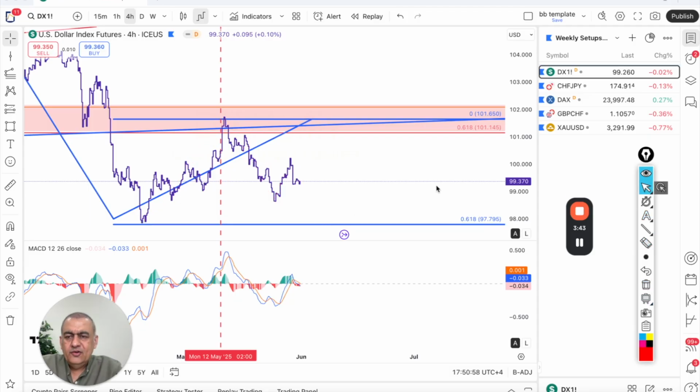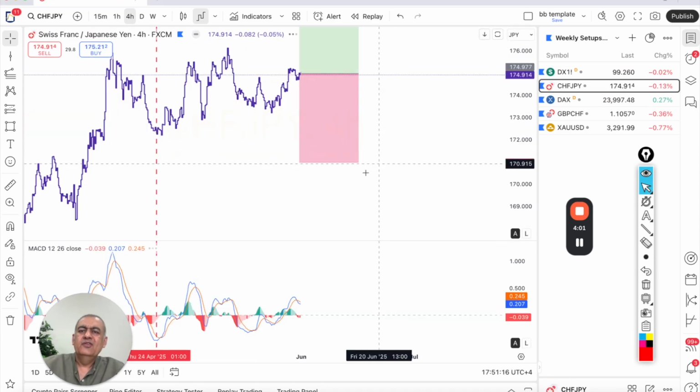So long story short, dollar still remains weaker. Now NFP could be the final nail in the coffin. A lower than expected NFP or less than previous month's NFP could push it quickly towards the next support area. I'll move to now CHFJPY.